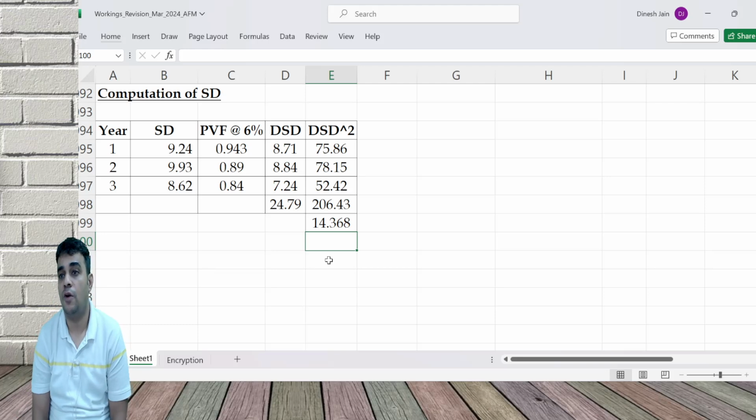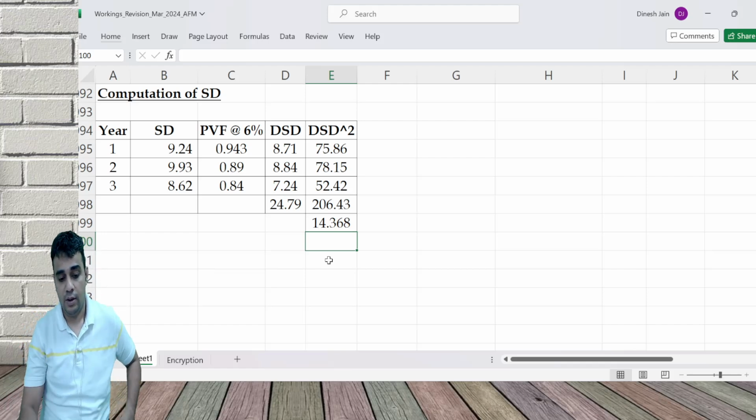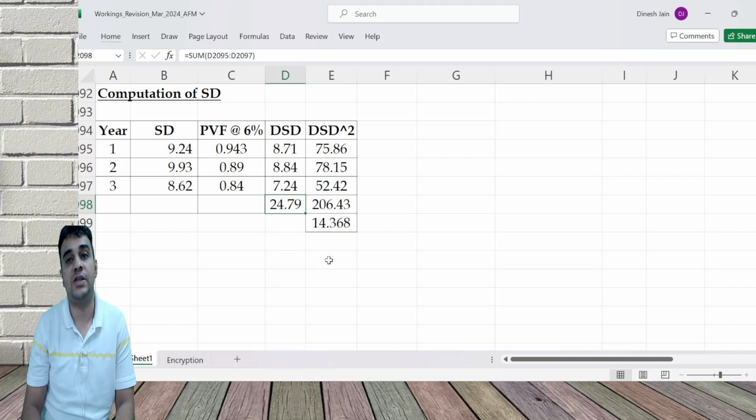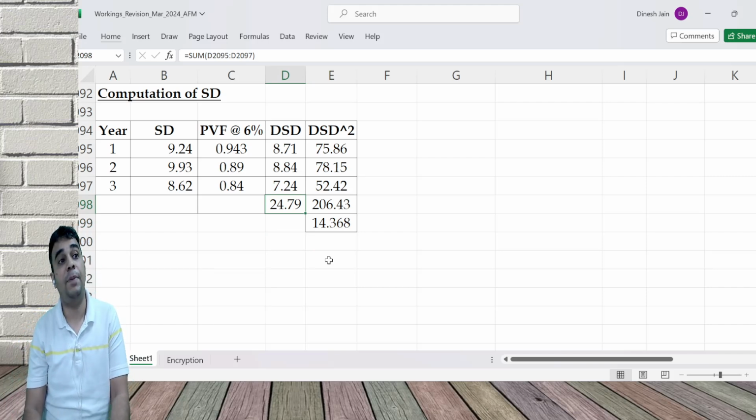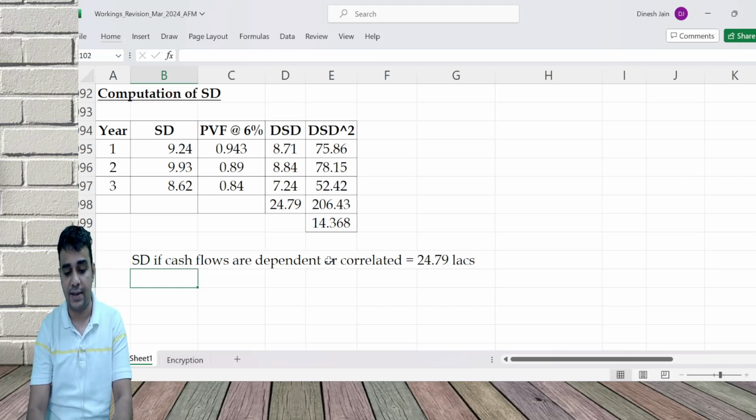One is the total of DSD, another is the total of DSD square and a square root. In this, 24 lakh, which is the higher number, is the dependent standard deviation. If cash flows are dependent or correlated, SD is 24.79 lakhs.